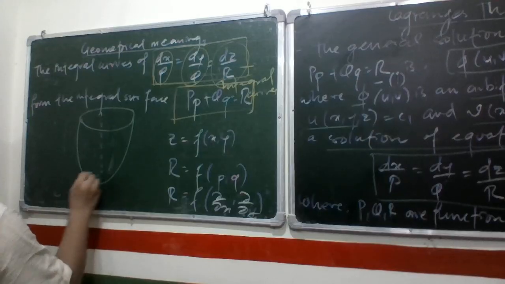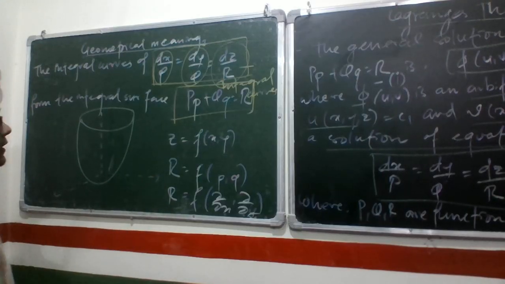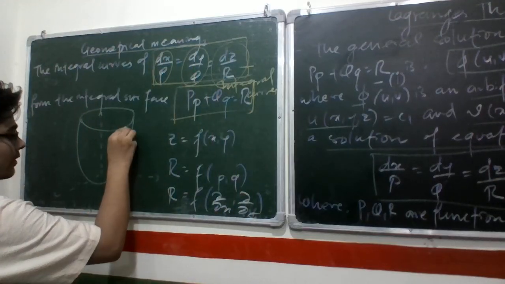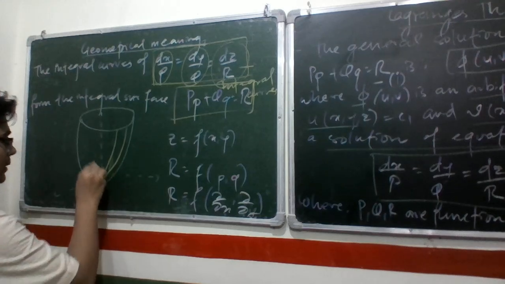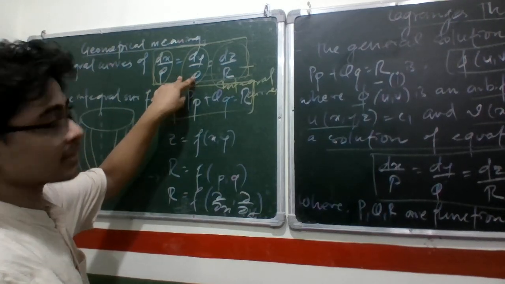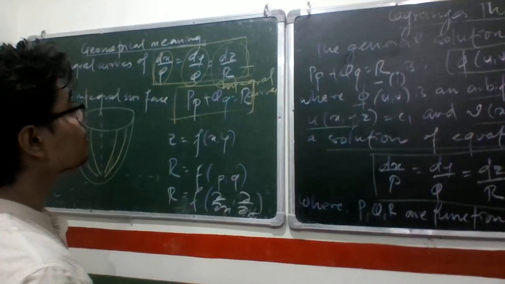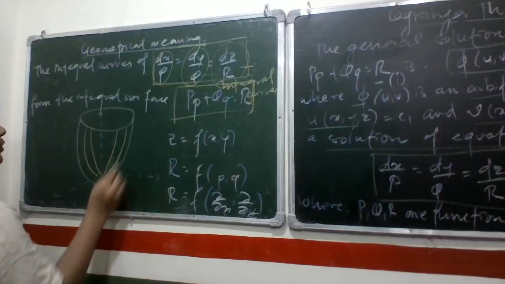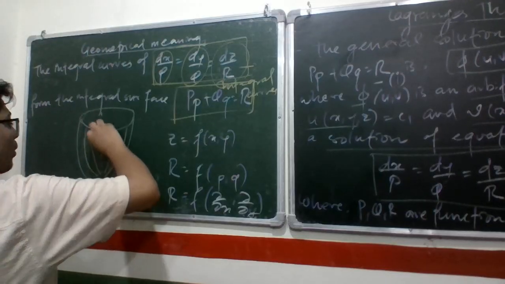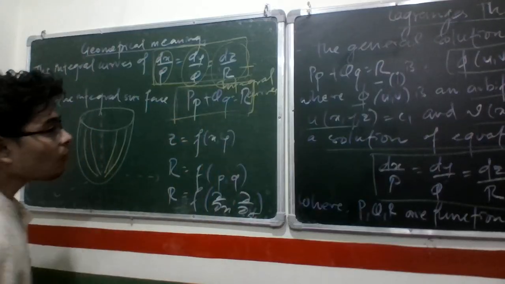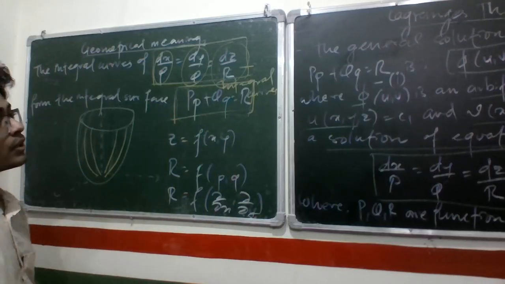It's a three-dimensional surface, and if we have these equations of it, it means that these are the integral curves which we are going to find out by this relation or these equations, and this whole surface would be defined by this formula.